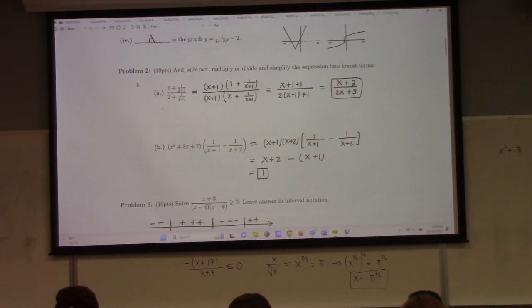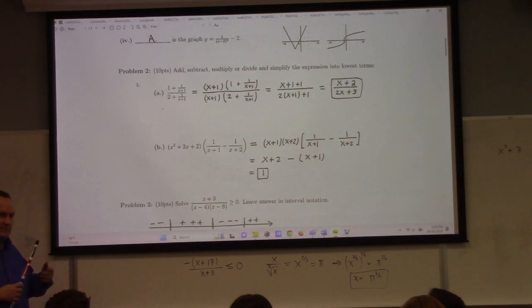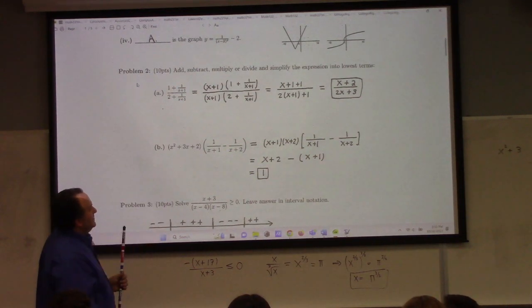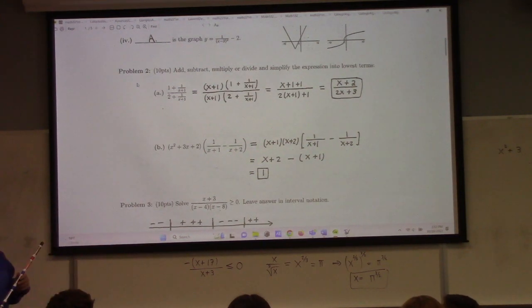Oh yeah, I almost forgot about that. We did do simplifying rational expressions at the start of all this, right after test 1, right? Remember that? So these kind of things could be on there. That's the start of mission 2, I think. The first problem on mission 2 is these kind of things.